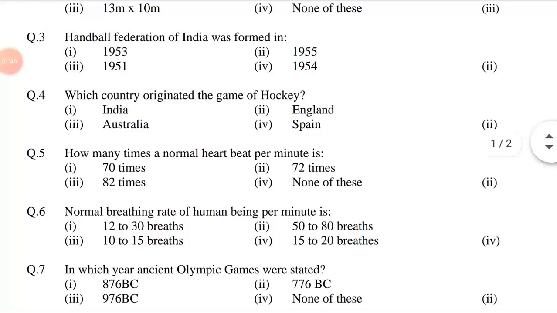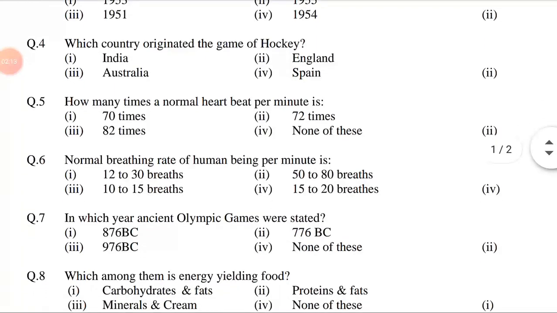Question number 3. Handball Federation of India was formed in option first 1953, second 1955, third 1951, fourth 1954. Answer is option second 1955.